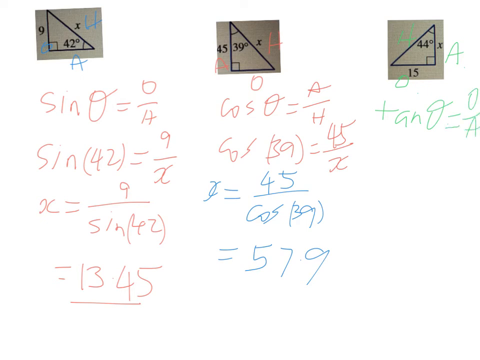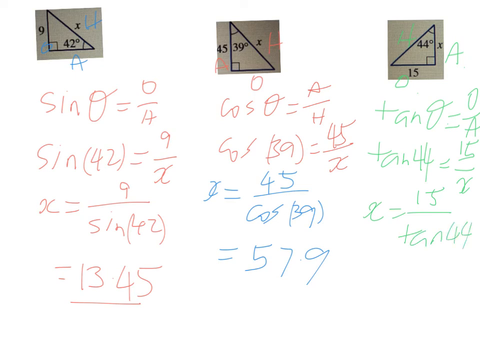So tan of 44 equals 15 over x, and just like before, we swap. So x is going to equal 15 over tan 44.